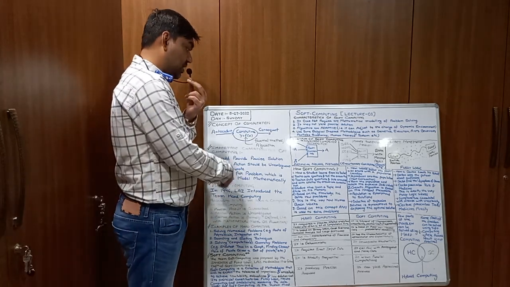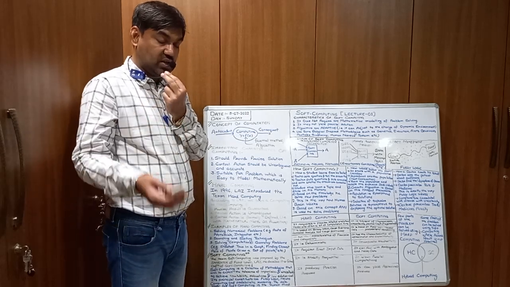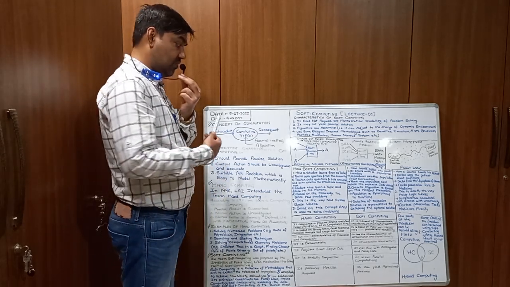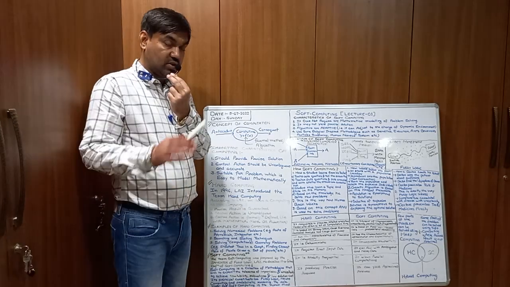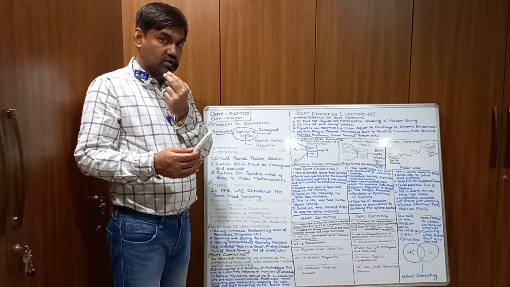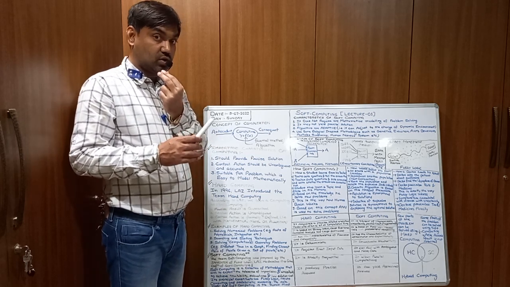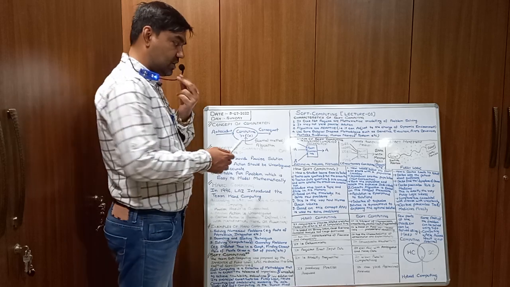So there should be an algorithm. When you are thinking of computing, there should be a mathematical model, or in other words, an algorithm that can solve the problem that is given.